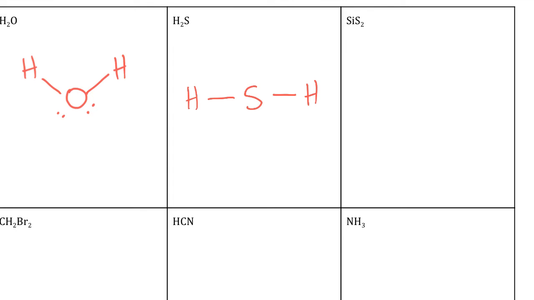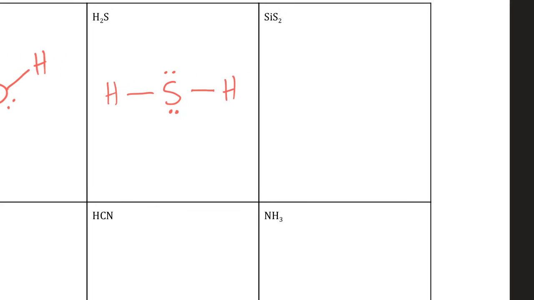Sulfur has 6 valence electrons. So 1, 2, 3, 4, 5, 6, and then 7, 8. So that follows the octet rule. And for hydrogen, the octet rule also is satisfied because hydrogen should only have 2 electrons that are shared around it.